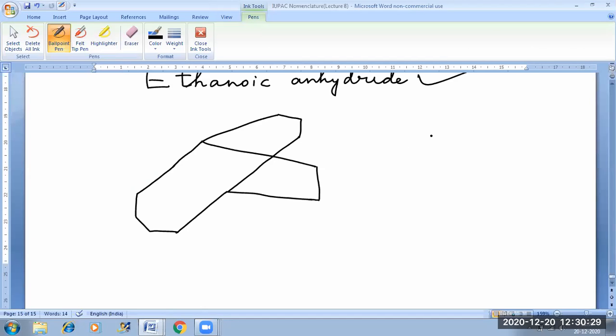Then, once we have identified the compound as a bicyclo compound, what is the next step that we look at? Find the bridgehead carbon atoms. This is one, and this is another bridgehead carbon atom.